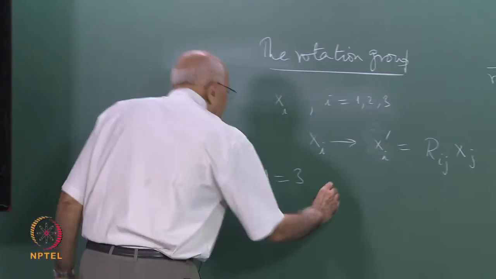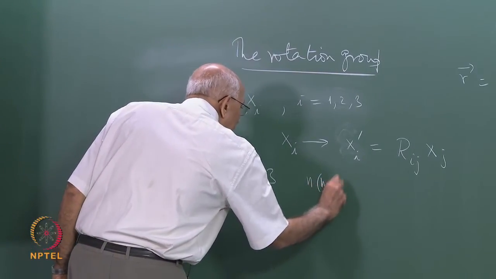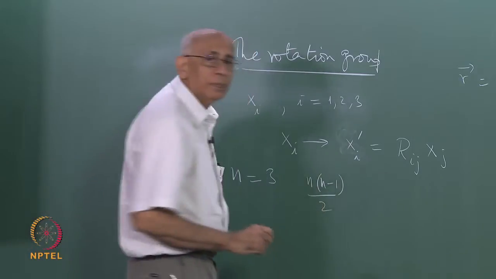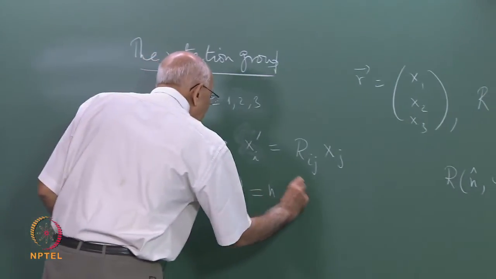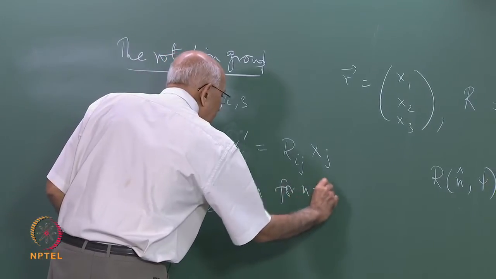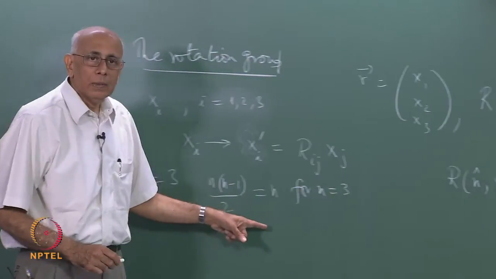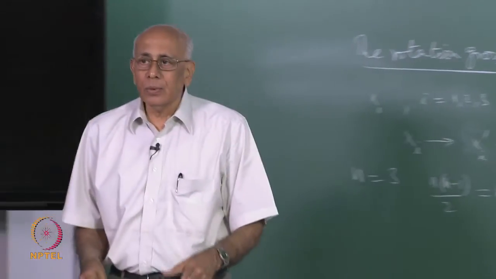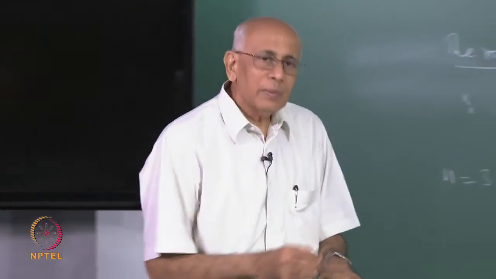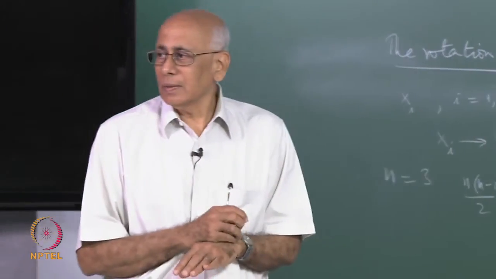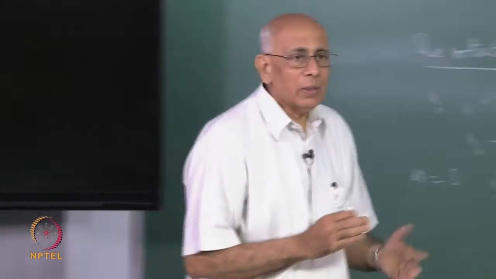So the number of planes that you could find is n times n minus 1 over 2, and this happens to be equal to n for n equal to 3. So the accident that you have 3 mutually orthogonal planes coincides with the number of axes that you have, and is peculiar to 3 dimensions.